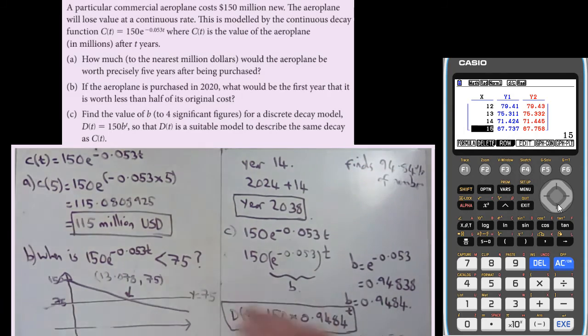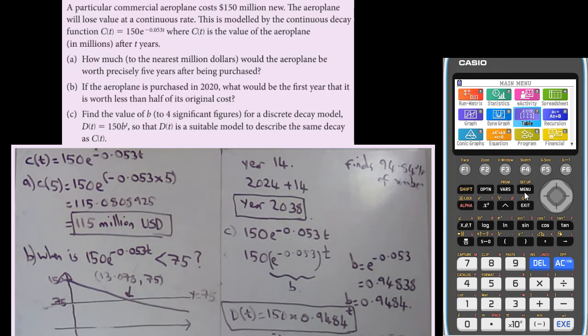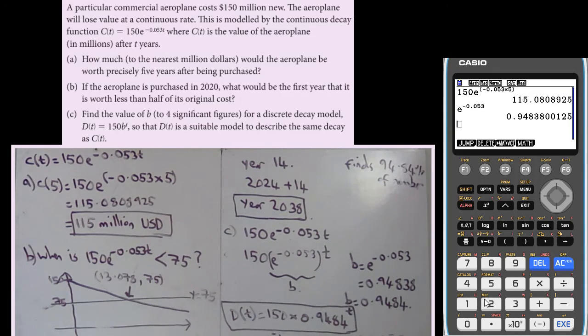And if you take that away from 100, 100 take away 94.84 gives me 5.16.